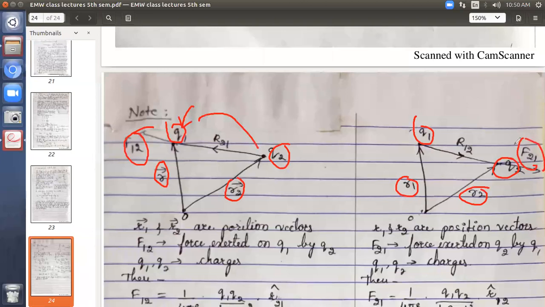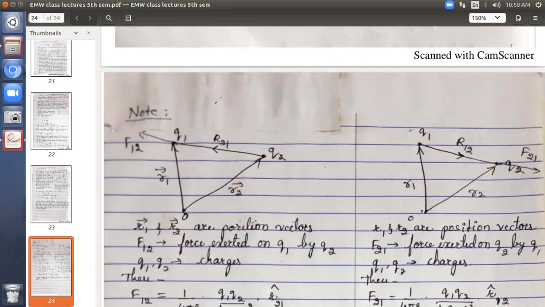F21 indicates force on Q2 due to Q1. So whatever first suffix is there, towards that the direction exists. And since the direction is in this way, force is also extended in this way. That's how we determine the direction. This capital R's direction is based on this suffix.